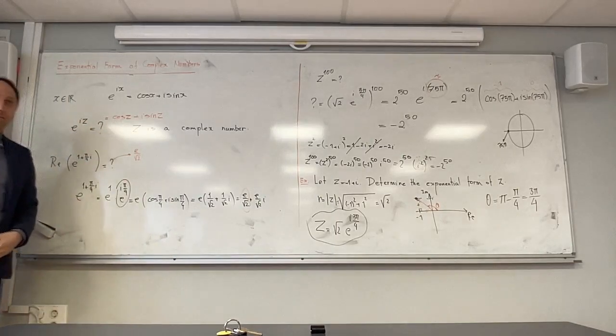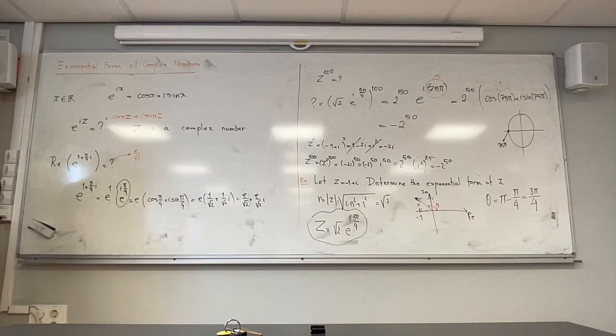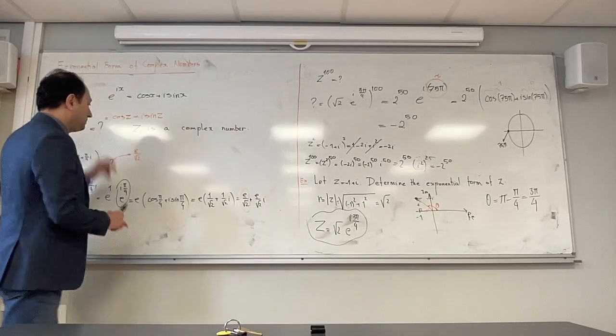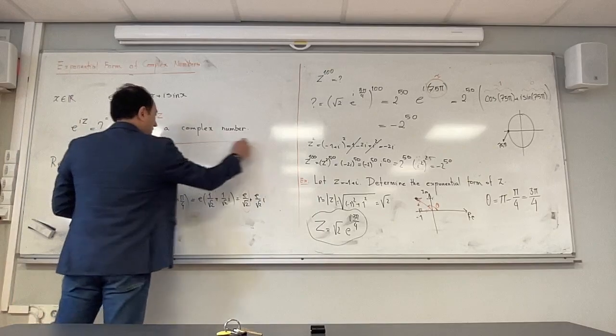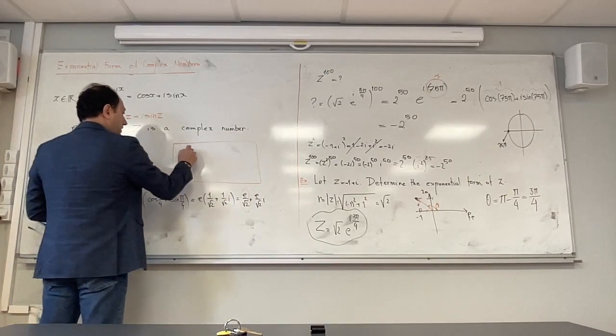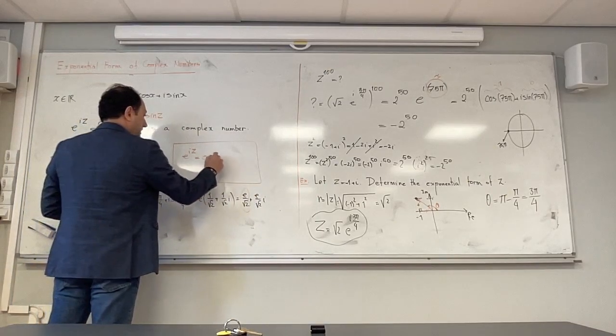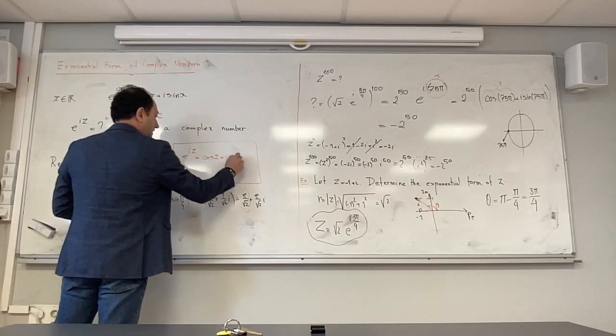Are you happy? No. Why not? You have an imaginary number and cosine is... Exactly, it is strange, but there is a meaning for that. It turns out it's not in the book. So e to the power of iz is cosine z plus i sine z.